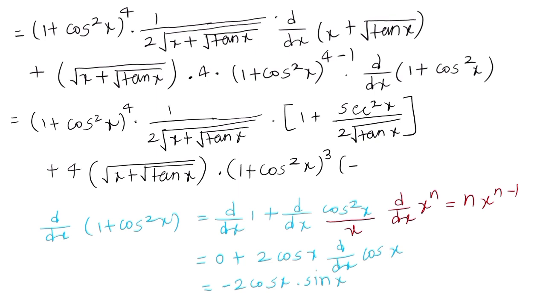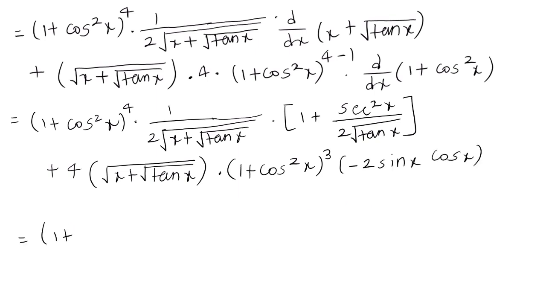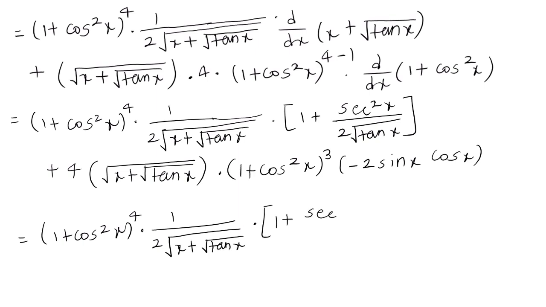Here we will get minus 2 sin x cos x. (1 plus cos square x) raised to 4 into 1 upon 2 root of x plus root tan x into (1 plus sec square x upon 2 root tan x).